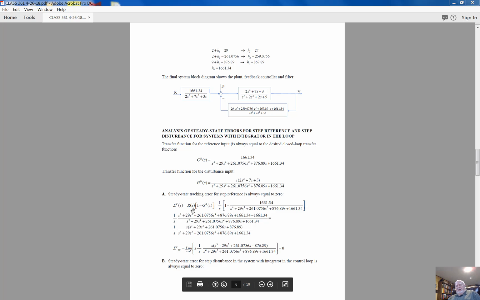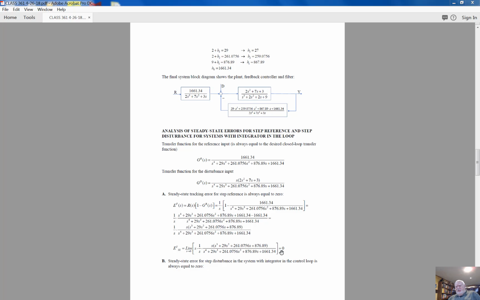Look, the analysis is based on the exact expressions for the transfer function. I have to implement 1 minus g reference of s, and I'm eventually getting this s that sits in the numerator. Because of this s, when I use the final value theorem, I will get 0.